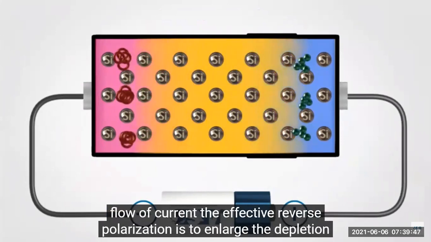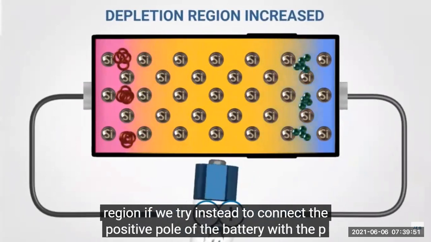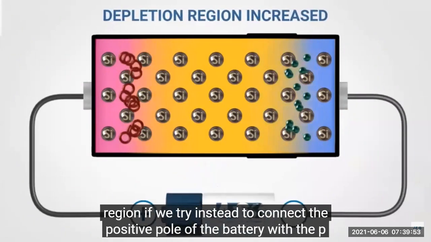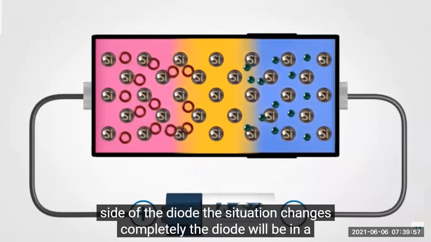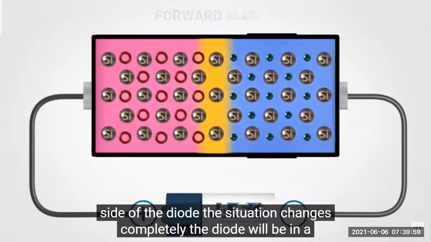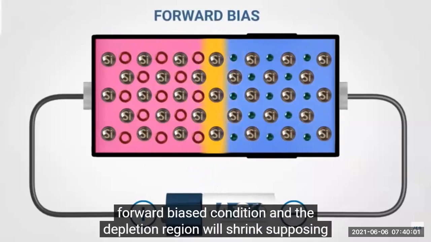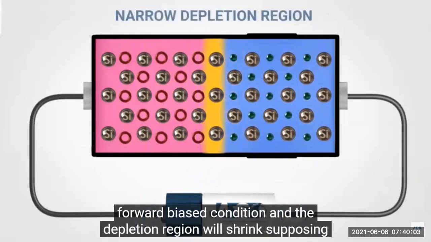The effect of reverse polarization is to enlarge the depletion region. If we try instead to connect the positive pole of the battery with the P side of the diode, the situation changes completely. The diode will be in a forward biased condition and the depletion region will shrink.